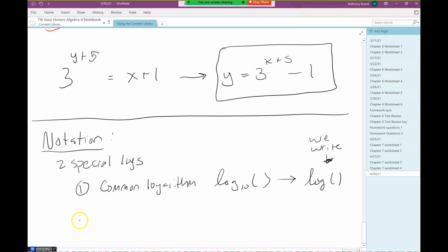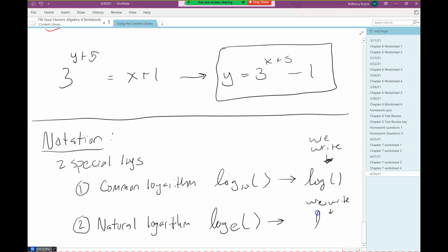The second special logarithm is the natural logarithm. That is log base E. But we don't write log base E. We write ln.